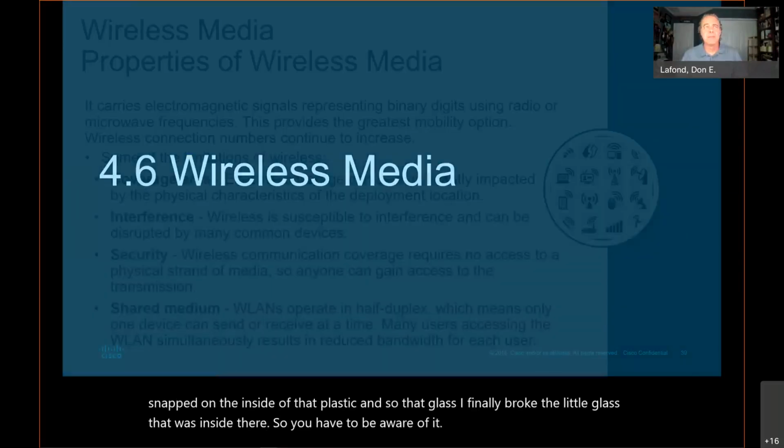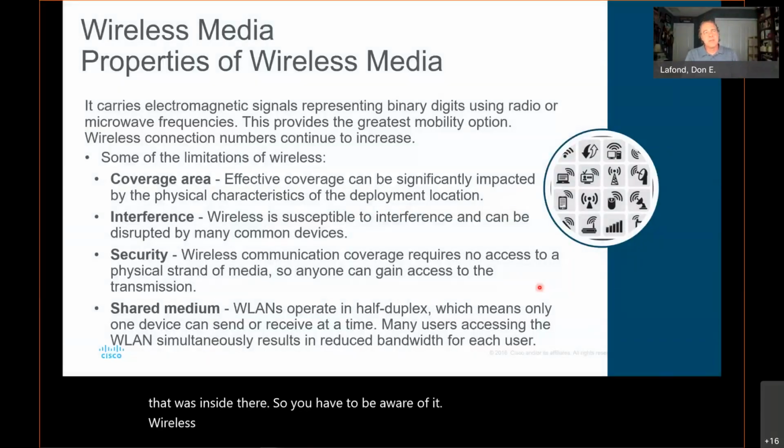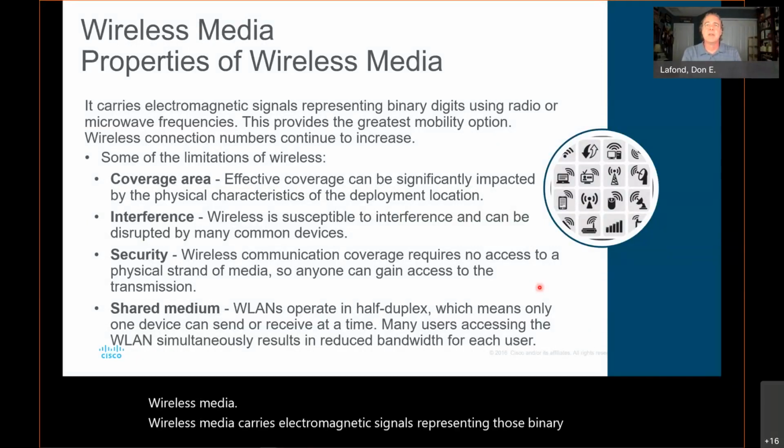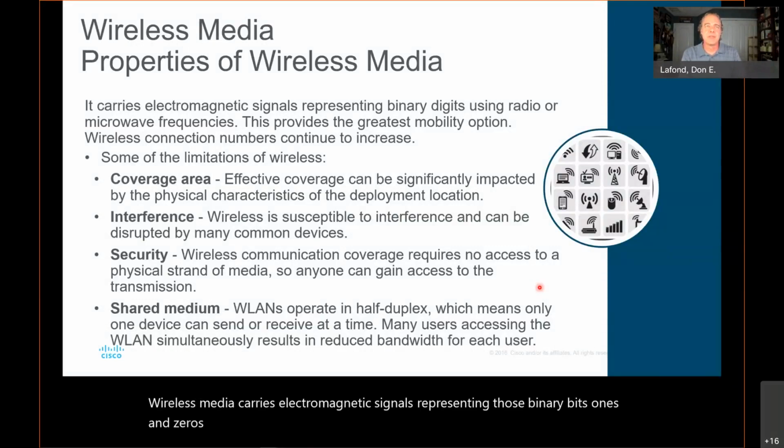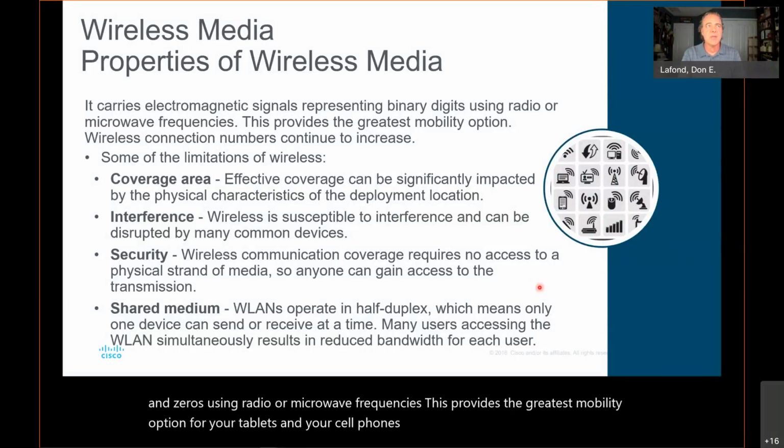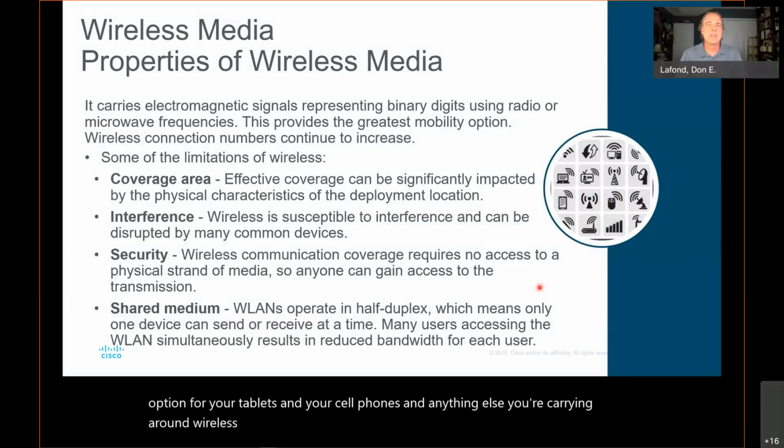Wireless media. Wireless media carries electromagnetic signals representing those binary bits, ones and zeros, using radio or microwave frequencies. This provides the greatest mobility option for your tablets, your cell phones, and anything else you're carrying around. Wireless connection numbers continue to increase.